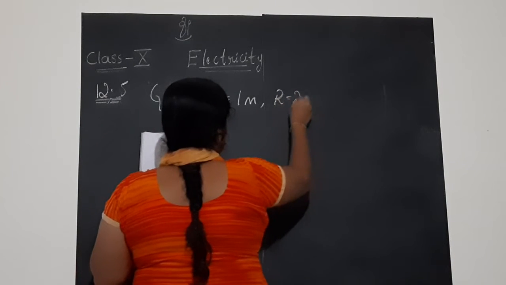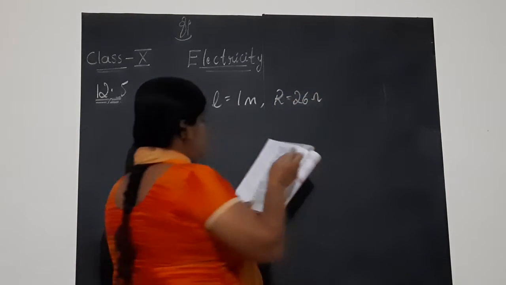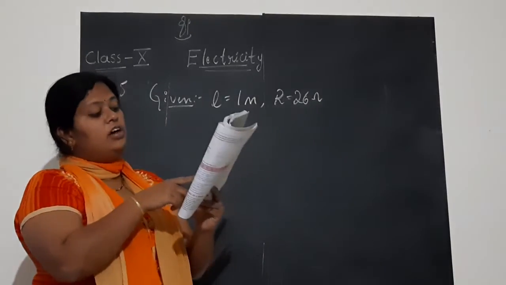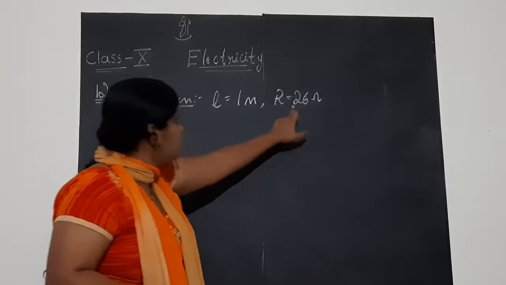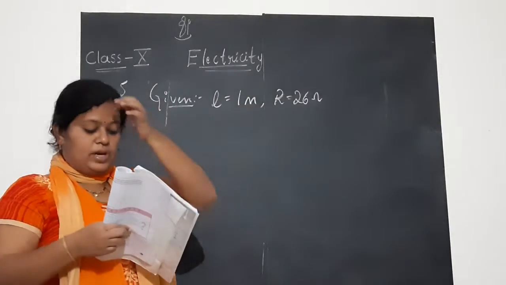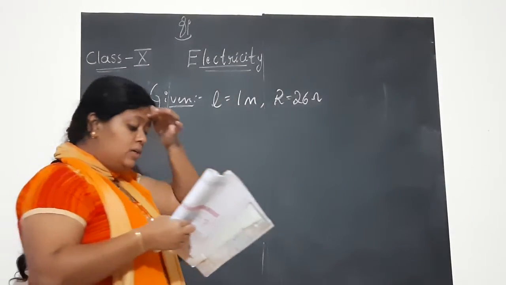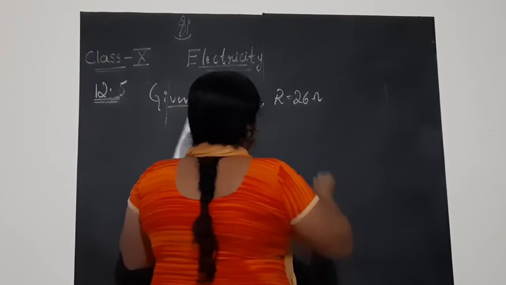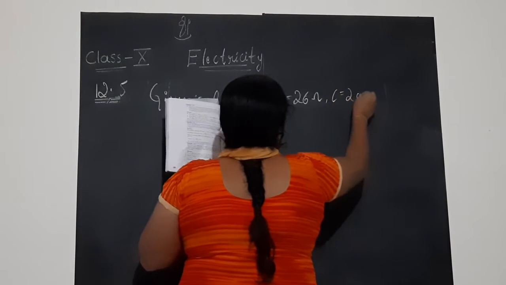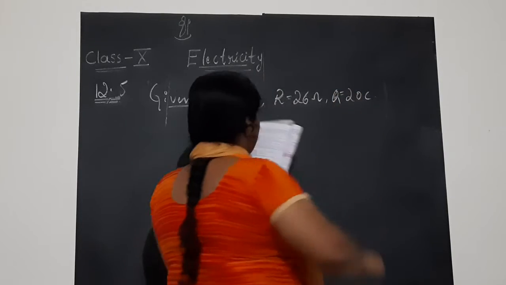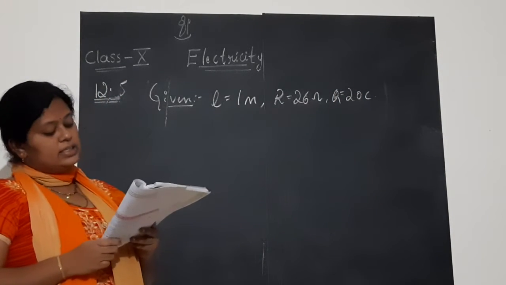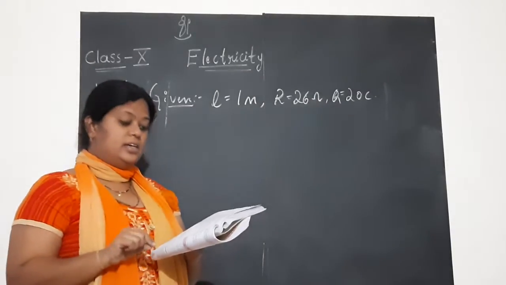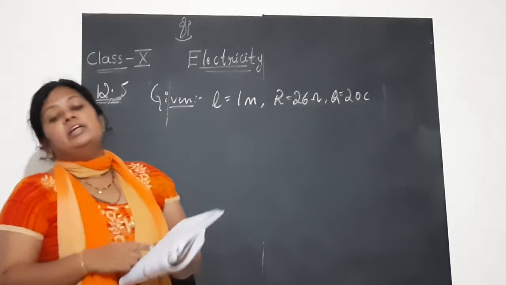See here, resistance of the material of the wire of length 1 meter is 26 ohms. Means its resistance is 26 ohm. Length is 1 meter. At 20 °C, T is 20 °C. If the diameter of the wire is 0.3 millimeter, look here, millimeter is given.